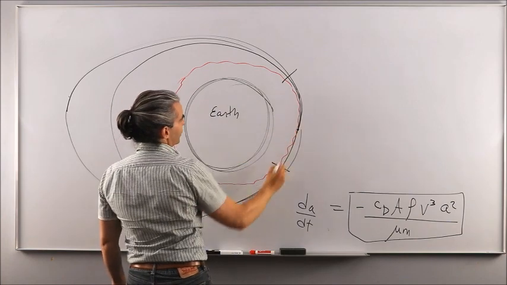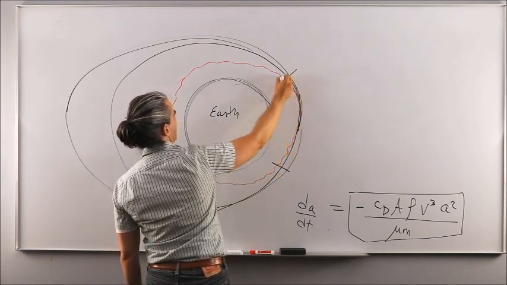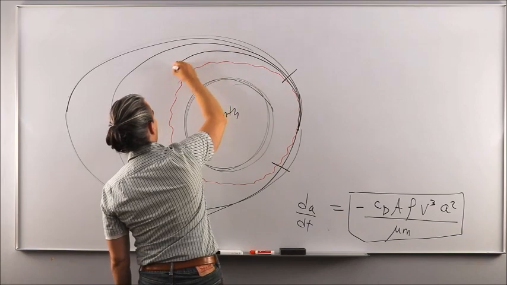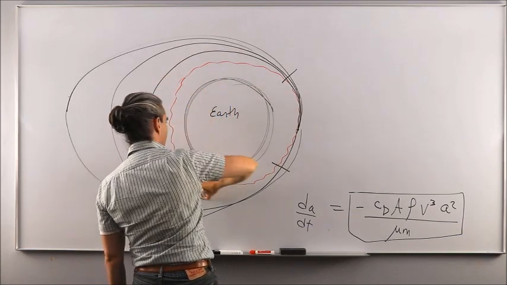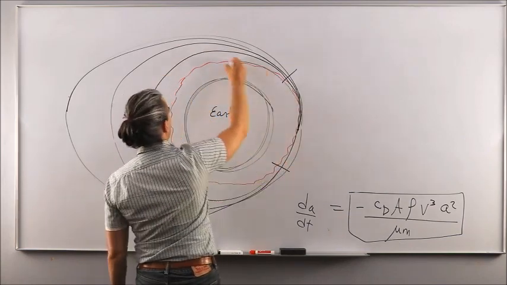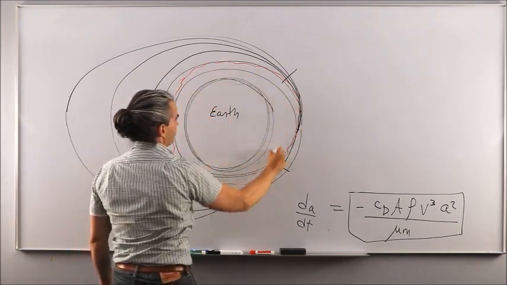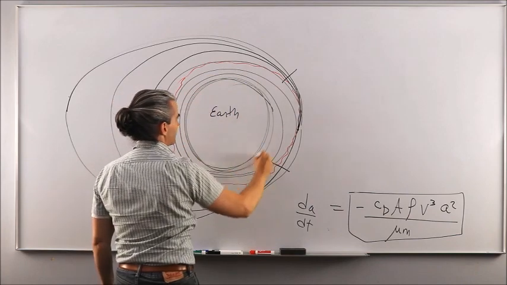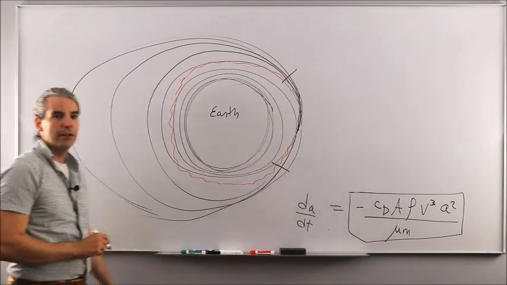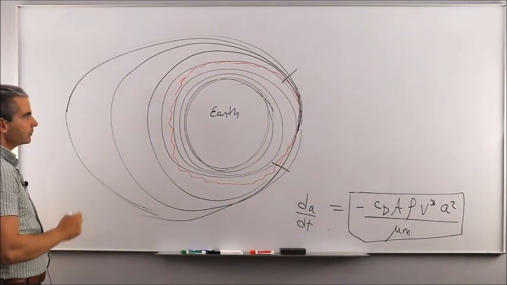Come back here again. Oh no, a lot of drag. Oh, I can barely go through here, and yet I have less residual energy to complete the orbit. So what's going to happen is that slowly the spacecraft would lose energy and spiral down through the atmosphere and eventually burn up in the atmosphere.